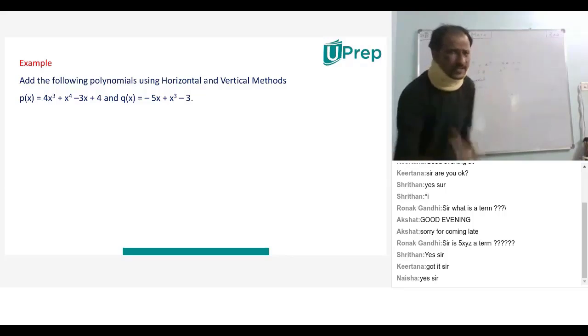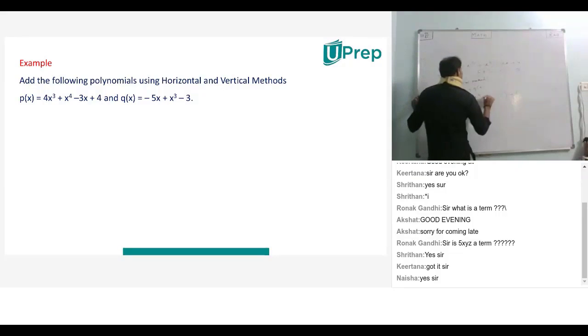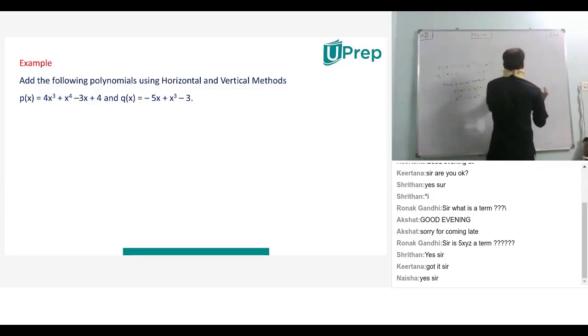Better to go for descending order. So x power 4 plus 4x cubed minus 3x plus 4. Second term, x cubed minus 5x minus 3.